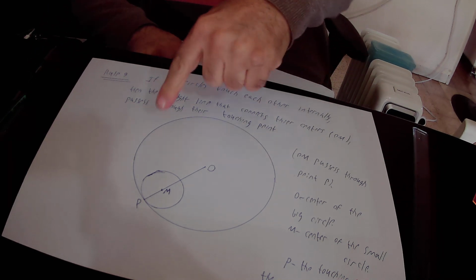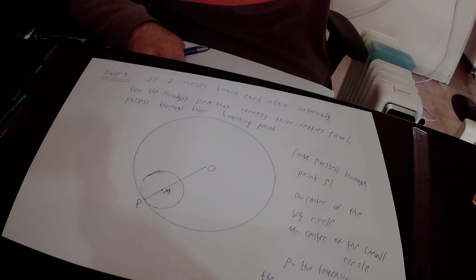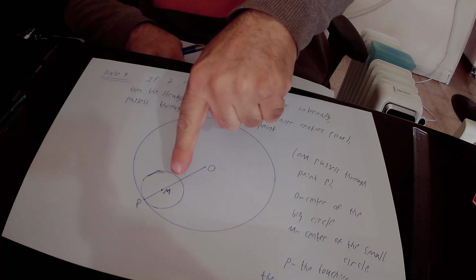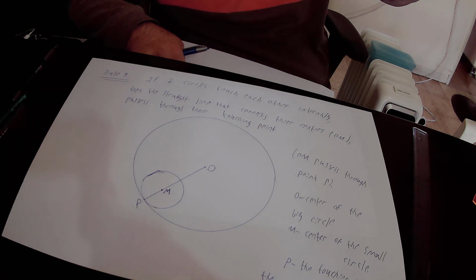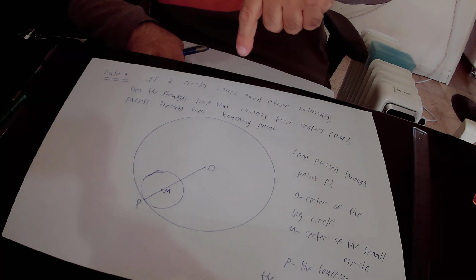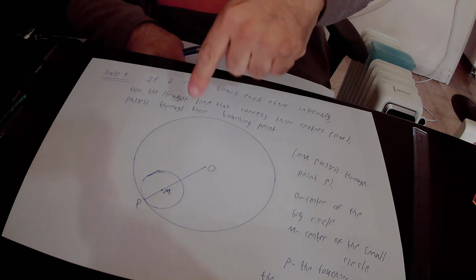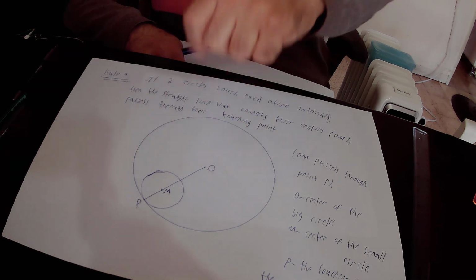The center of the big circle is at point O, the center of the small circle is at point M. Those two circles touch each other internally at point P, their touching point.